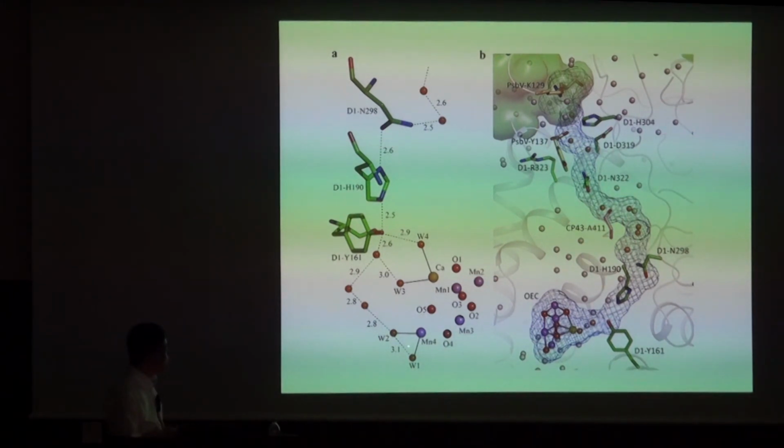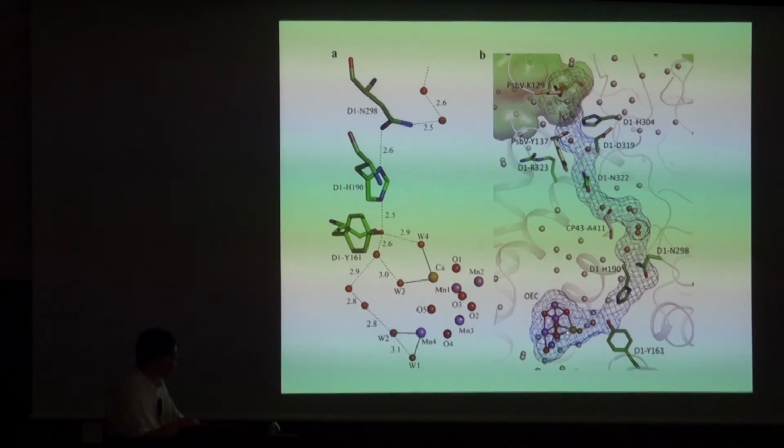And what we found is that one of the hydrogen bonding networks is here. It starts from this oxygen-evolving complex here. And this is the tyrosine residue, Y161 here. And through several residues and several water molecules, this proton network, hydrogen bonding network, goes out to the surface of the protein complex, to the solution.